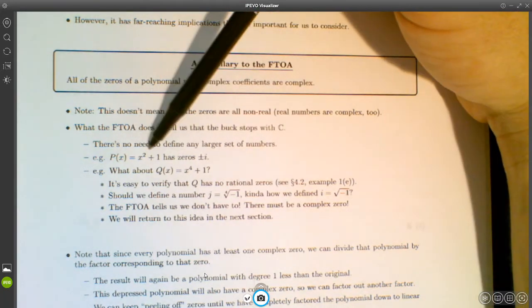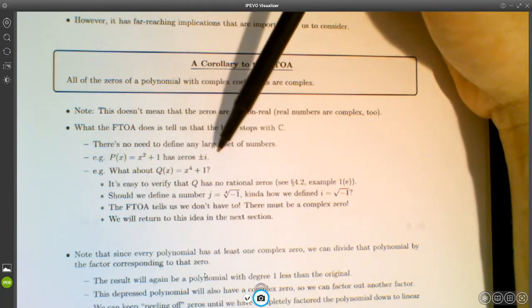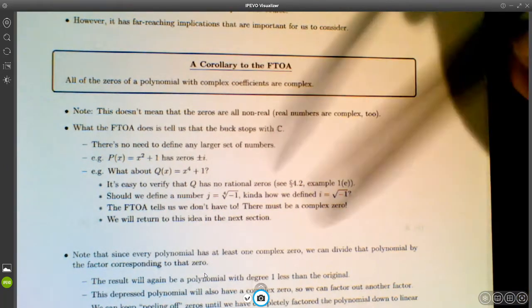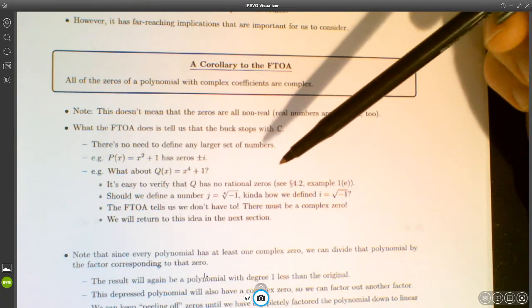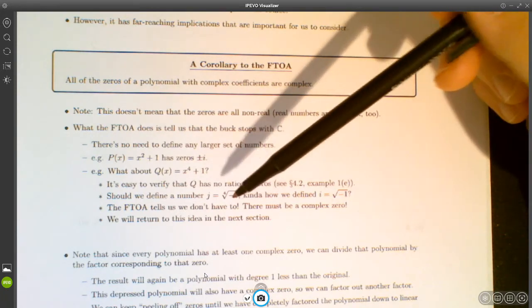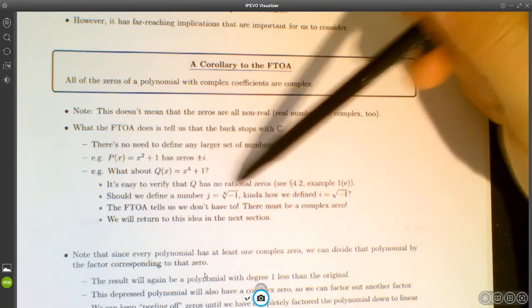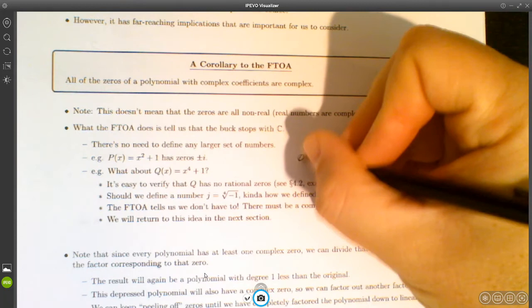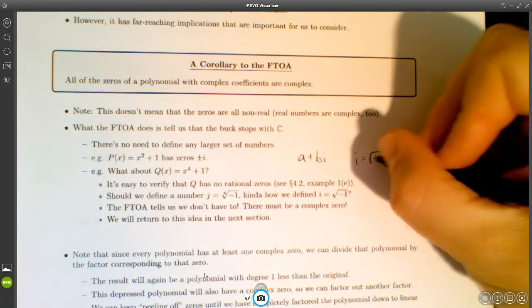So, for example, a polynomial like x squared plus 1 has zeros plus or minus i. x to the fourth plus 1 would have zeros that are the fourth roots of -1. What the fundamental theorem of algebra is telling us is that this number, the fourth root of -1, is a complex number. That is, we should be able to write it in the form a plus bi, where i is the square root of -1.